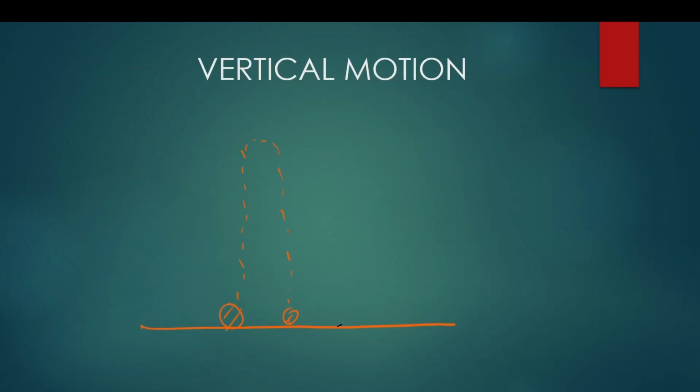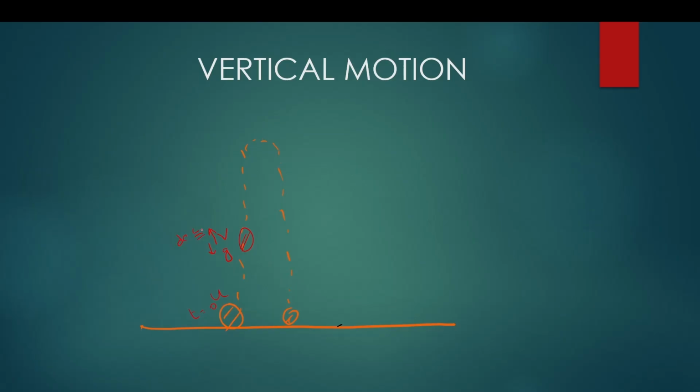So the next topic is vertical motion. Suppose you are throwing a ball or any object into the sky with a velocity u at time t equal to 0. So the body will move upward against gravity. So here you can see the velocity will be v, which is moving upward, but it is against the gravity, so the velocity is decreasing.